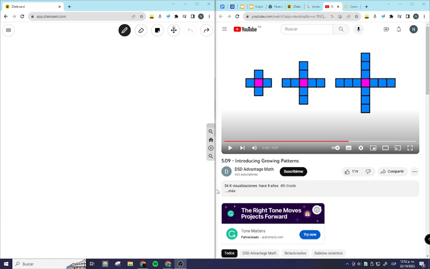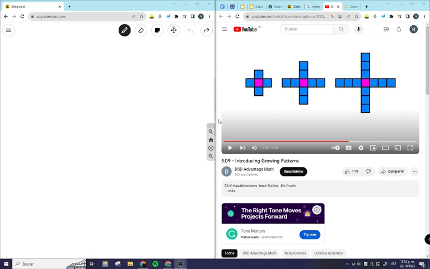This image is a representation of a pattern that we can see changing from step to step, from position to position. So we begin with this drawing, in which we can see that we have 5 squares arranged in a sort of cross.